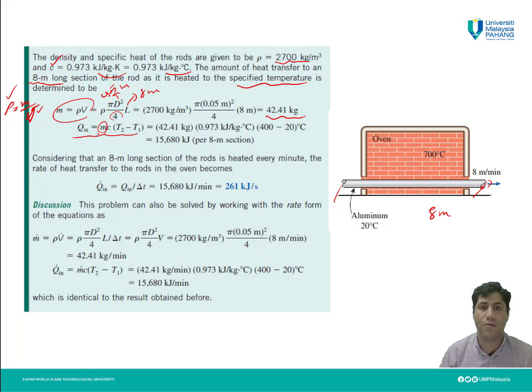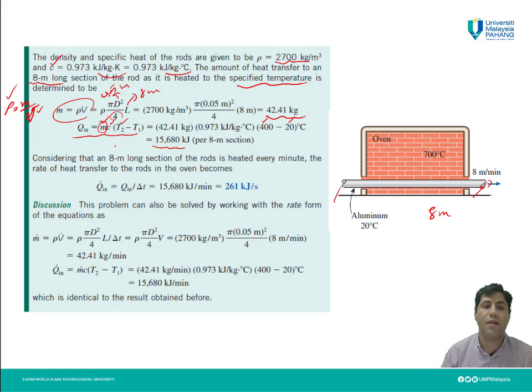And as we discussed earlier, what we are going to calculate is the heat transfer to 8 meters of this rod. So Q in equals m c (T2 minus T1). We have m, we have c, we have T2 of 400 degrees Celsius as the final temperature, and we have the initial temperature.